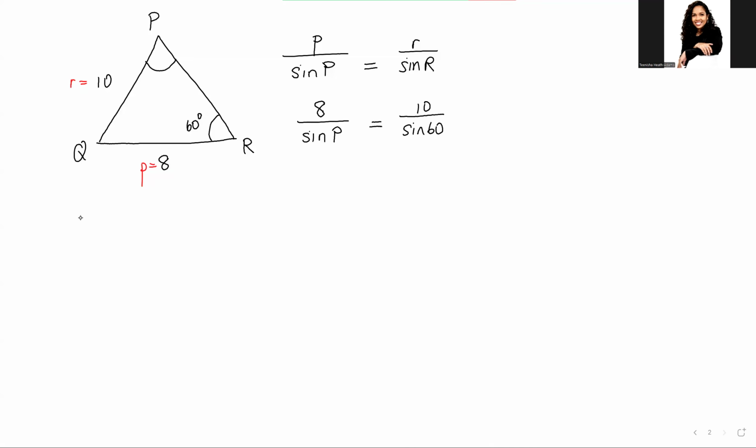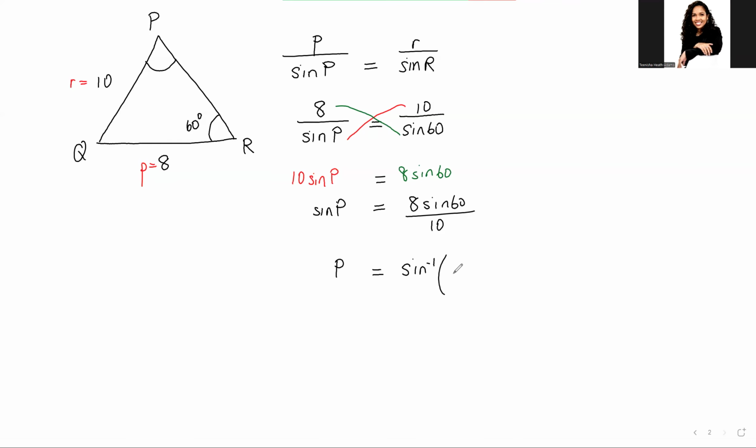And now you make P the subject of the formula. First things first, 10 times sine P, so you cross multiply, guys. 10 times sine P is equal to 8 times sine of 60. Therefore, sine of angle P is equal to 8 sine 60 divided by 10. And if sine of angle P is equal to that, then angle P is equal to sine inverse of that.